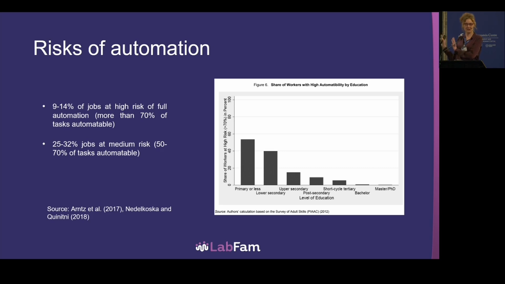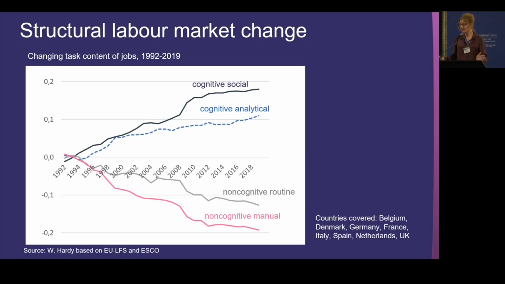I'm not talking about this. Actually, we have completely no idea how this will develop. But at least the automation which has been taking place so far, so industrial robots, automats, machines, for instance in supermarkets, that's the effect they are having on the labor market. So low educated lose, lower medium educated lose, highly educated gain.